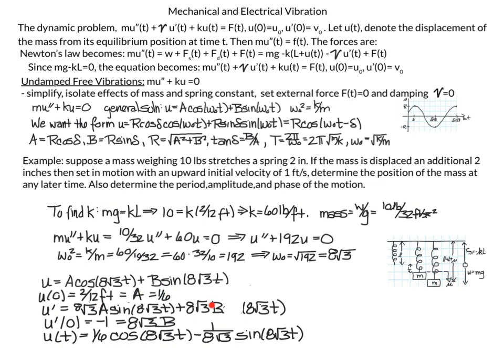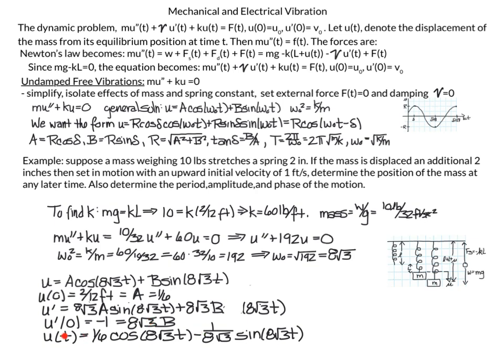I calculate u′, and then I plug in 0, so now what goes to 0? The sine goes to 0, this must be cosine, so I get 8√3 times B. And that will give me B is equal to minus 1 over 8√3.